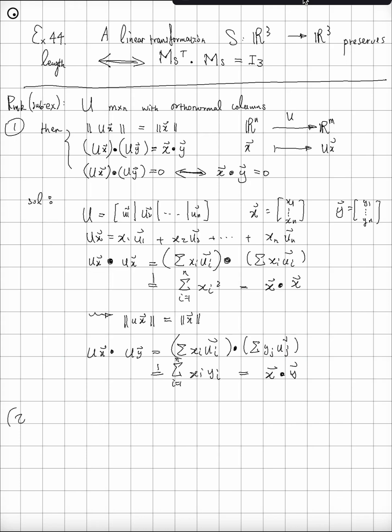The second part, let's say that U transpose matrix multiplication with U equals identity of n if you have orthonormal columns.